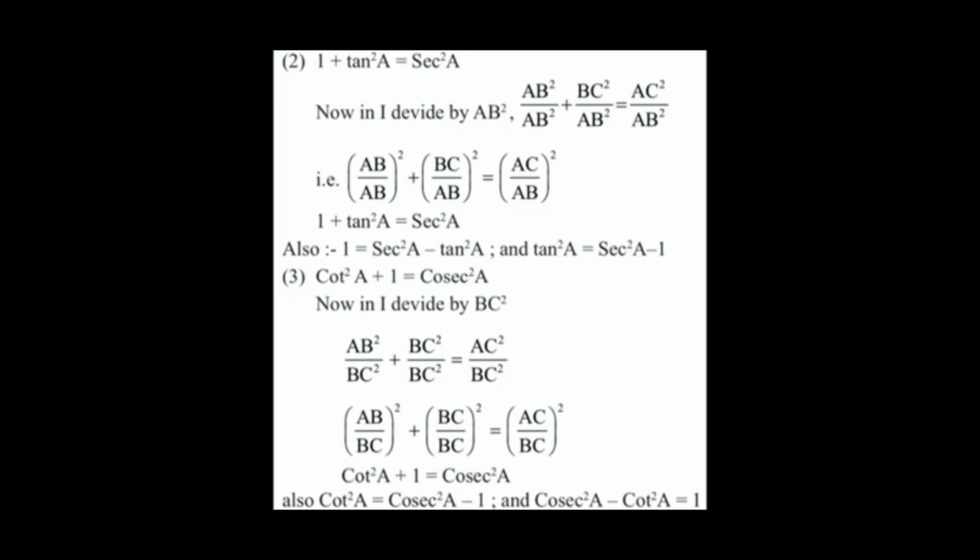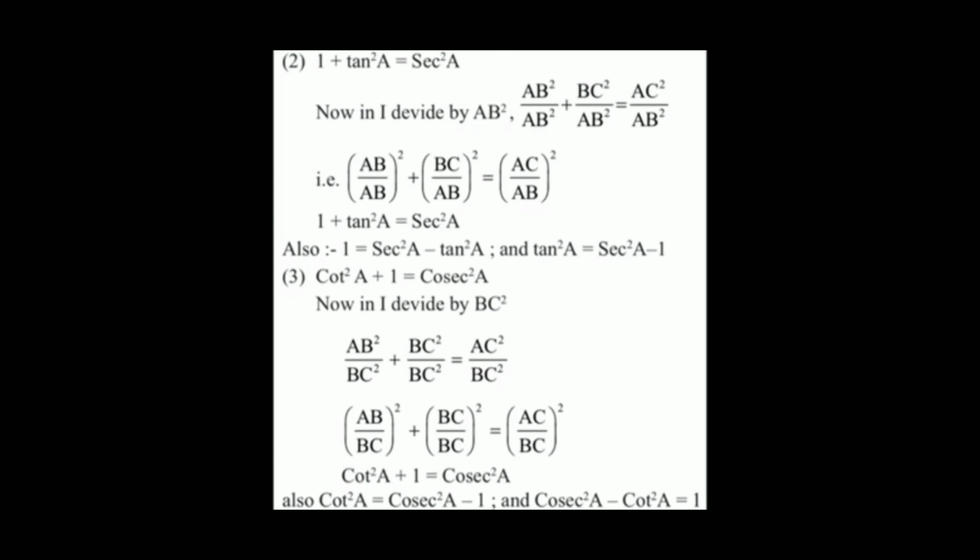We get AB square upon BC square plus BC square upon BC square is equal to AC square upon BC square. Next we have to make the squares as one term and we get AB by BC whole square plus BC by BC whole square is equal to AC by BC whole square. And now we are having the ratio of sides.